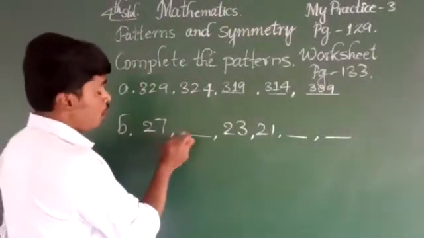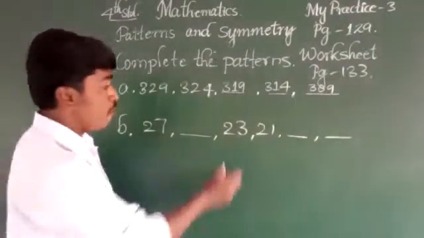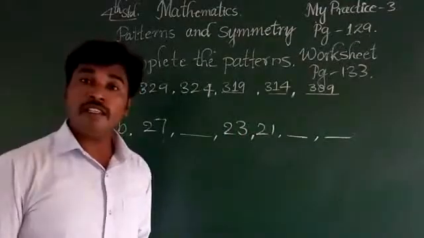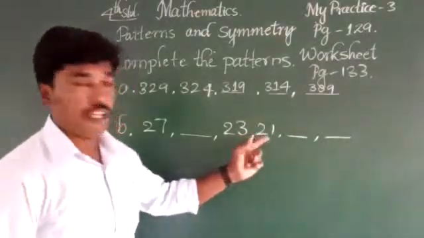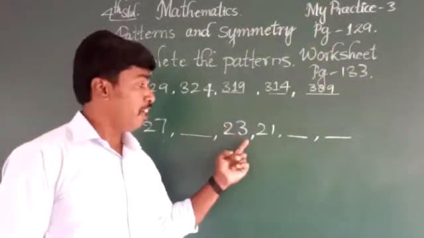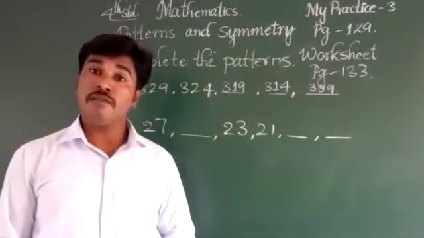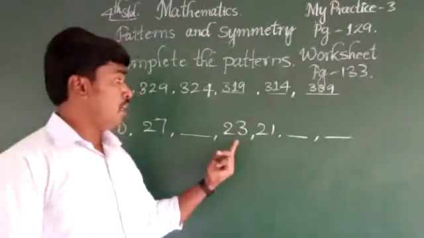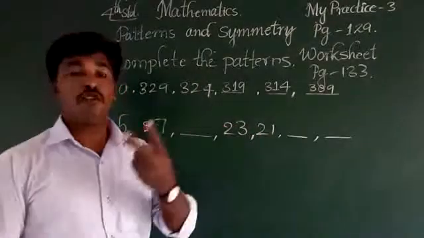Now we come to the second one. 27, you cannot find this number directly. Observe 23 and 21. Whether increased or decreased? It is decreasing, by 2, because 23 minus 21 is 2.